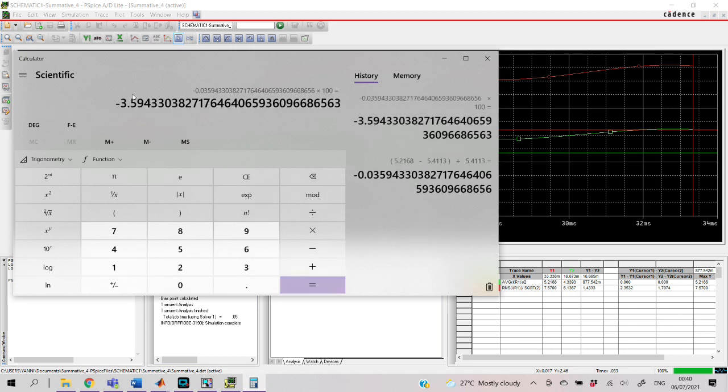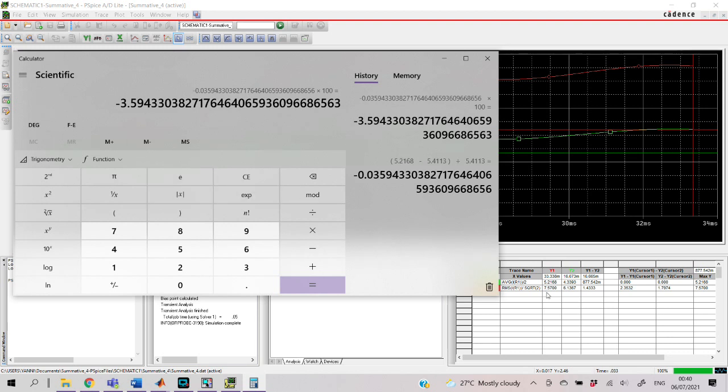By neglecting the negative sign, it has around 3.59% of percentage difference.